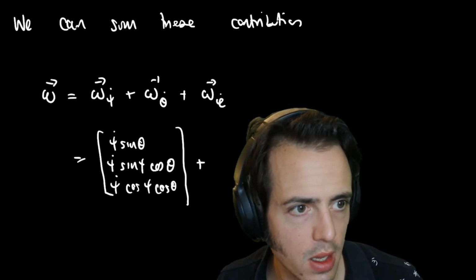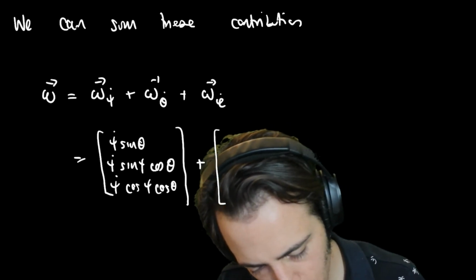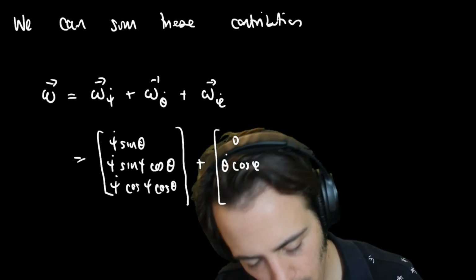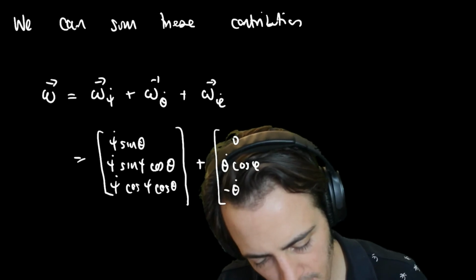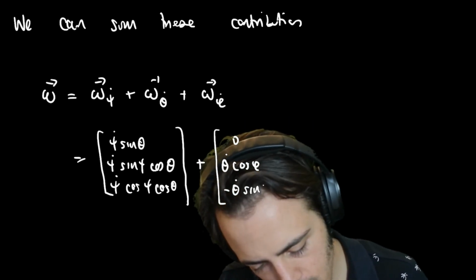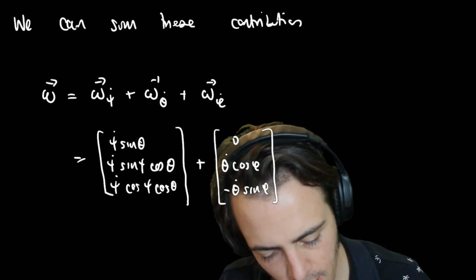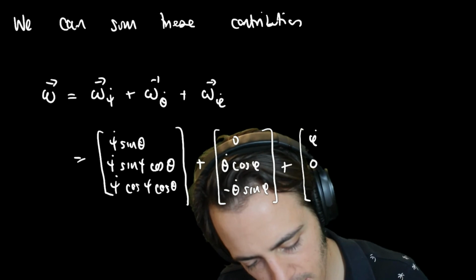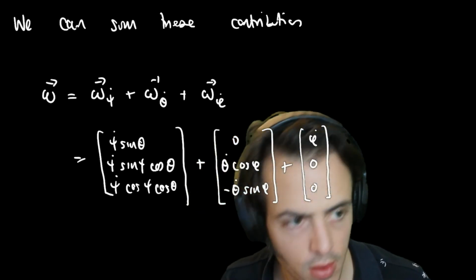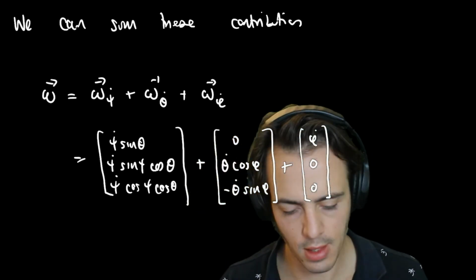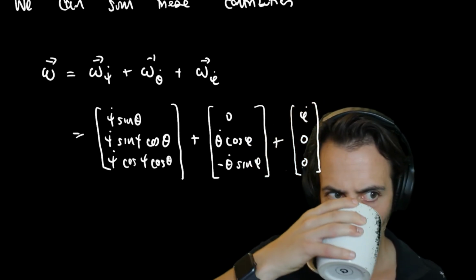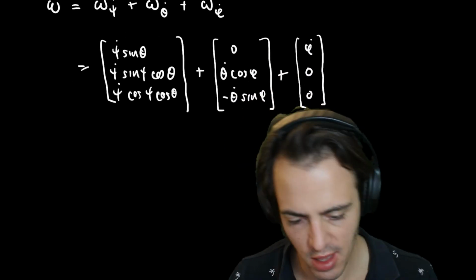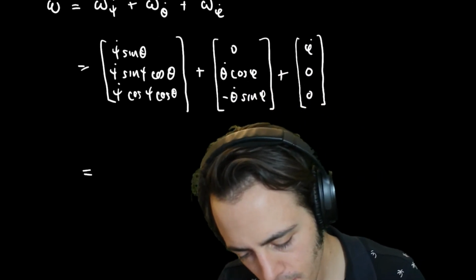The next one is nothing, theta dot cosine phi, minus theta dot sine phi. And the last one is nice and easy: all we have is our phi dot, 0, 0. Add these all up together. In fact, let's put this straight into a transformation matrix. That's just going to be easy to do.